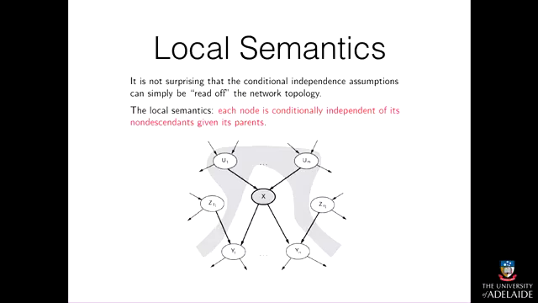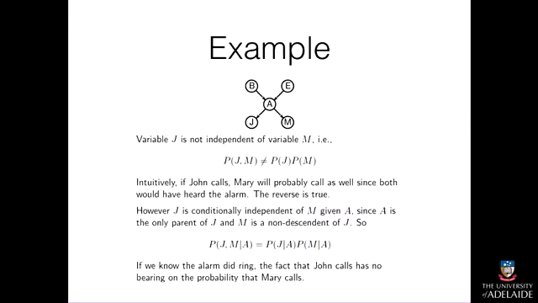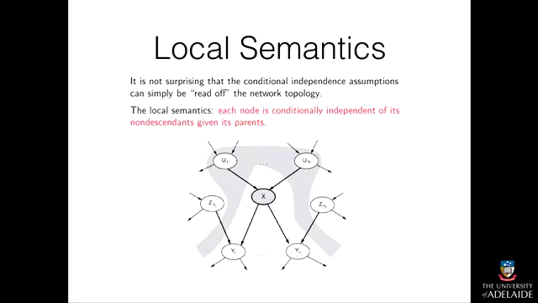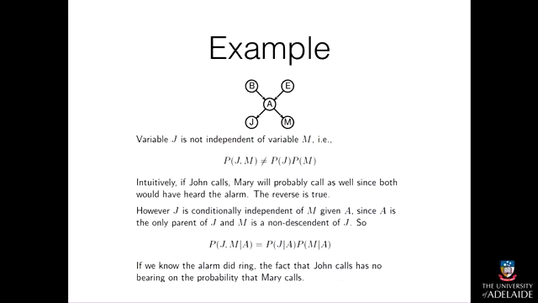So what we need to do is, let's start from J. Let's check if J is conditionally independent of its non-descendants. So the first thing we want to ensure is whether M is a descendant of J. Yes or no? Any idea? No. Why? Yeah, that's right.